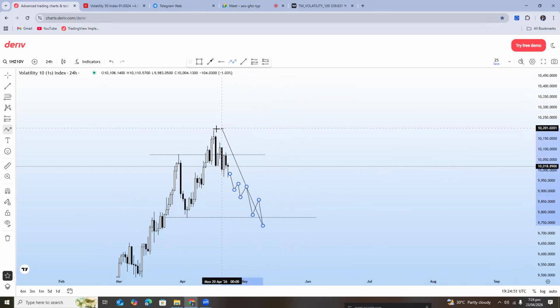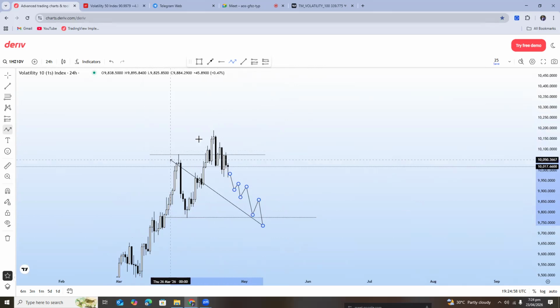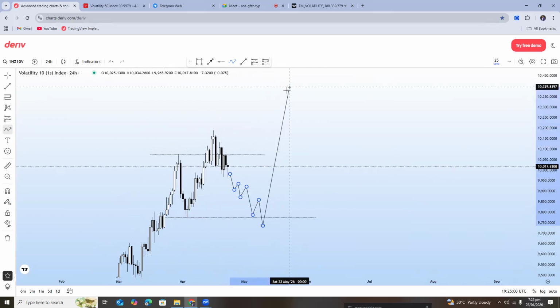The target is that it will take out this high to create another high, so that the uptrend will continue like that until the market finally switches direction. Looking at the data we have here, that is what we would project.